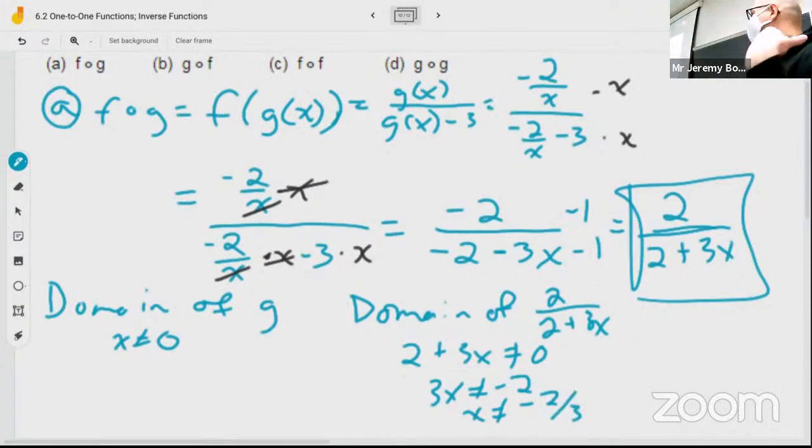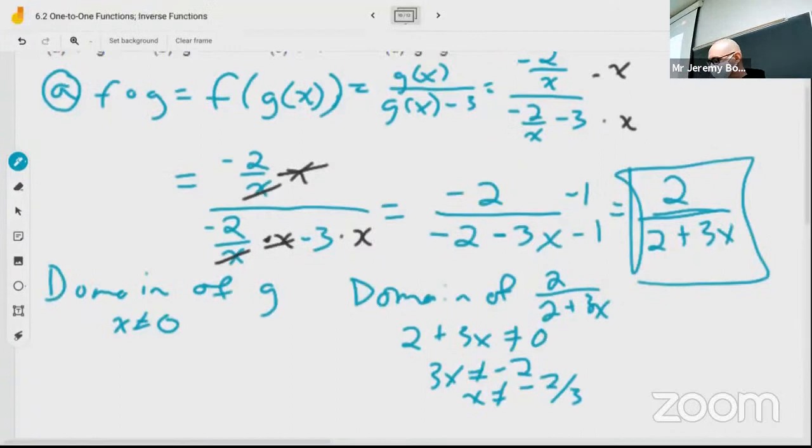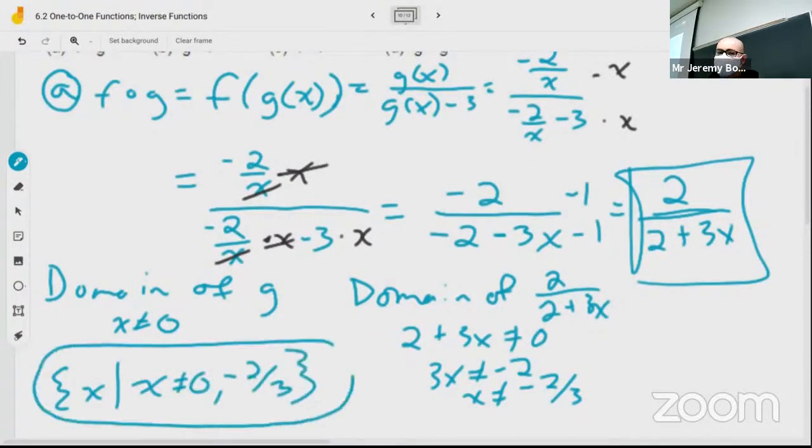That means the domain of my composite function, combining those together, is X such that X can't equal 0 and it also can't equal -2/3. Any questions on that?